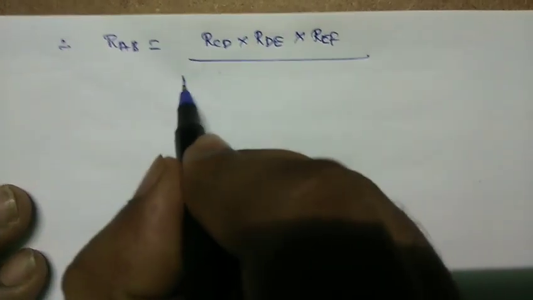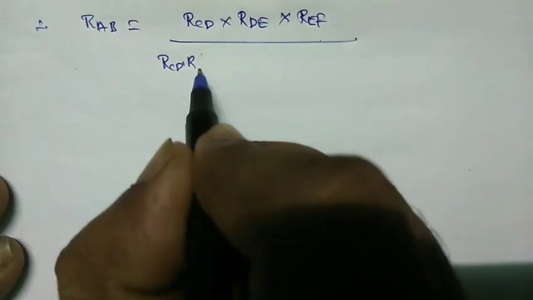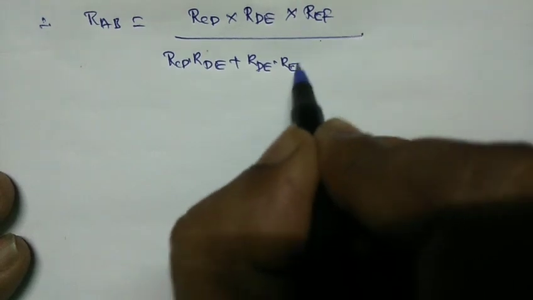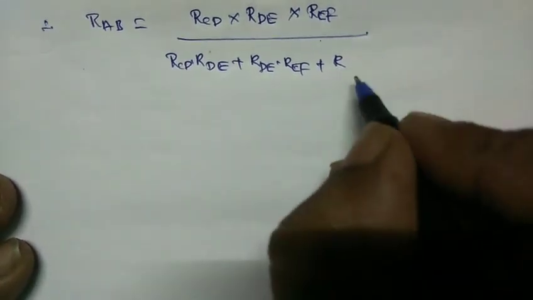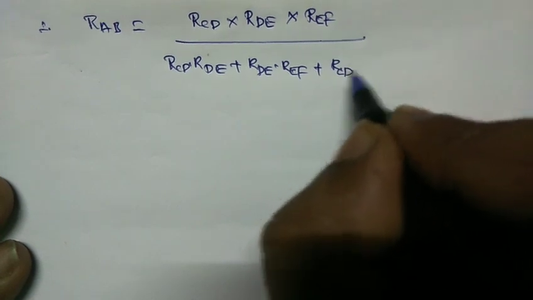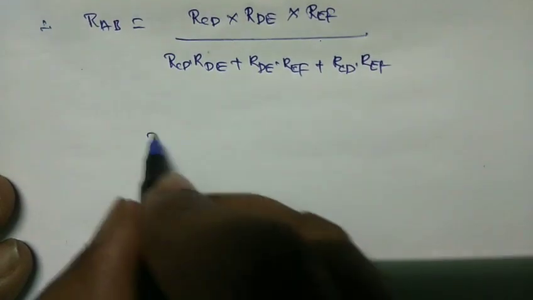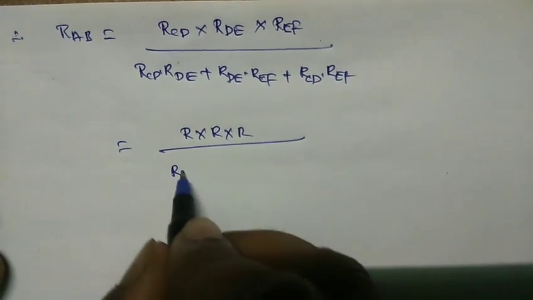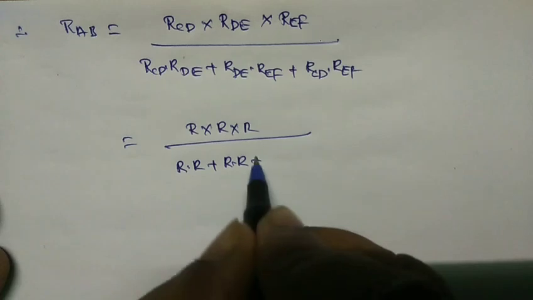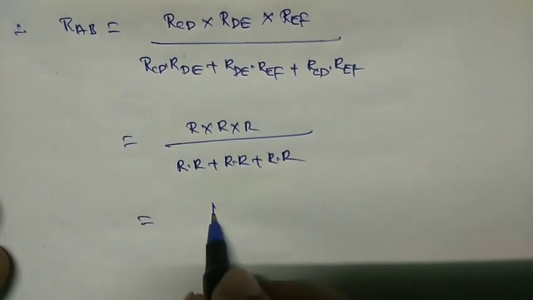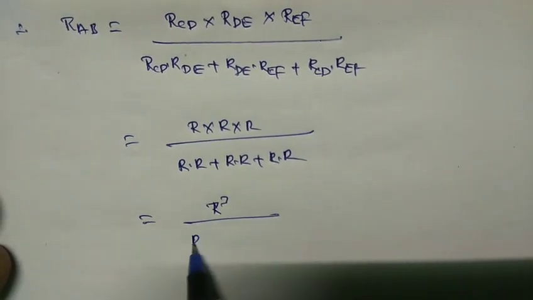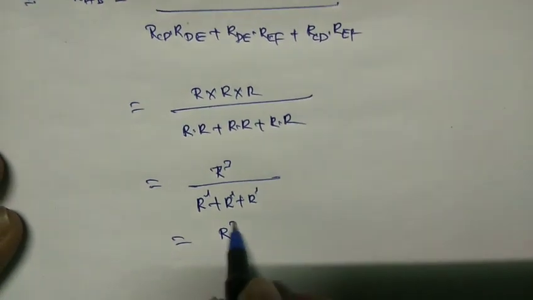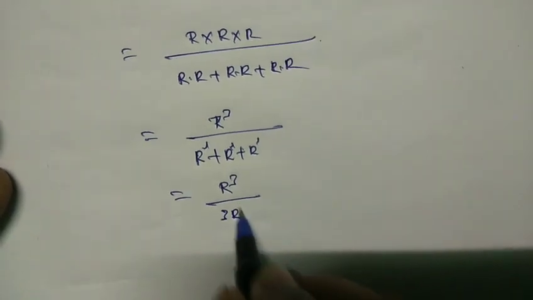So we get RCD into RDE plus RDE into REF plus RCD into REF. That is equal to R into R by R into R plus R into R plus R into R. Therefore R cube by R square plus R square plus R square, that is equal to R cube by 3R square.